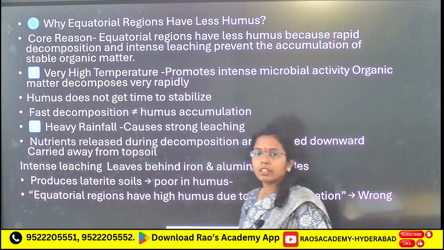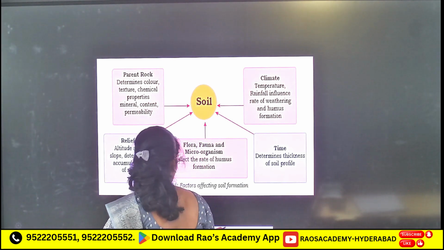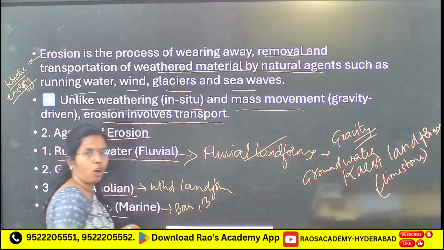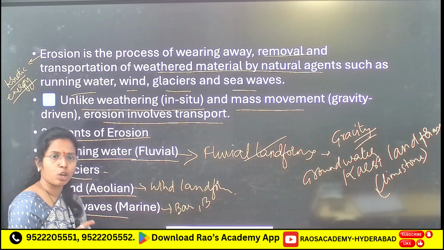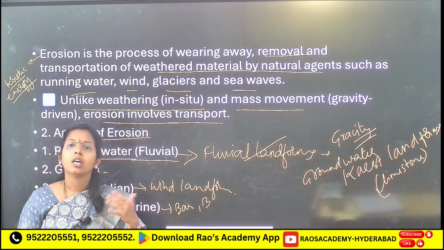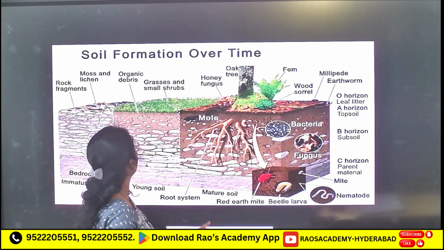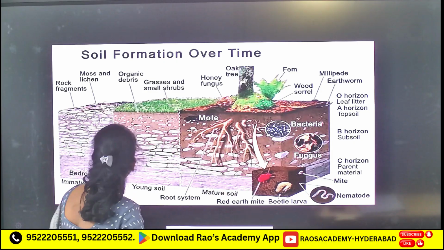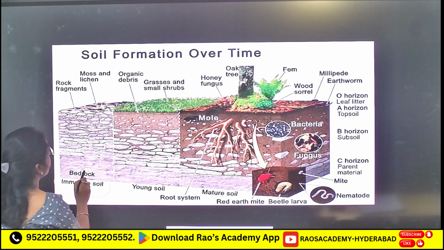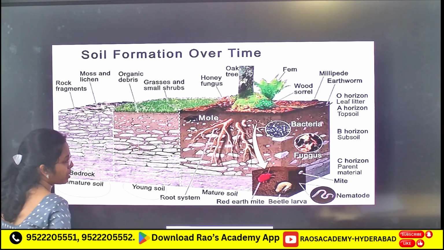Now we have seen rock structure, next we have seen geomorphic processes. Because of these geomorphic processes you will see soil formation. Soil formation over a time, here bedrock, immature soil, rock debris, grasses. What happens?